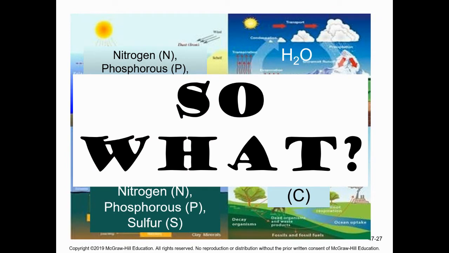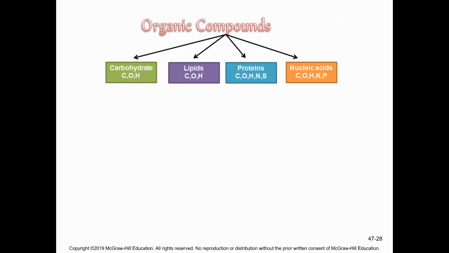But really, so what? I didn't see a single person in those pictures. Well, when we talk about recycling, we're looking at carbon and carbohydrates. We're looking at lipids, carbohydrates, carbon, oxygen, hydrogen, proteins in all of those organisms to make biomass, to break down when organisms die.